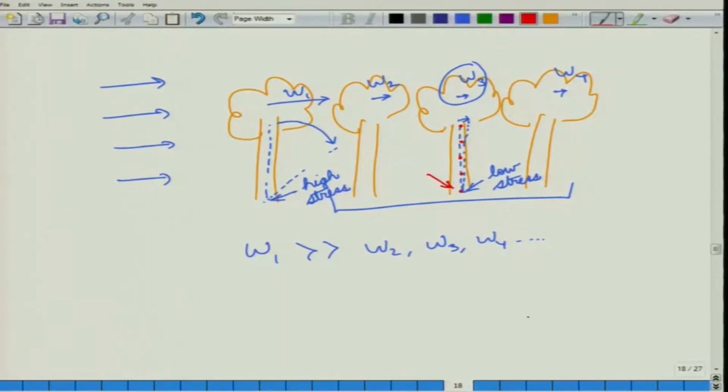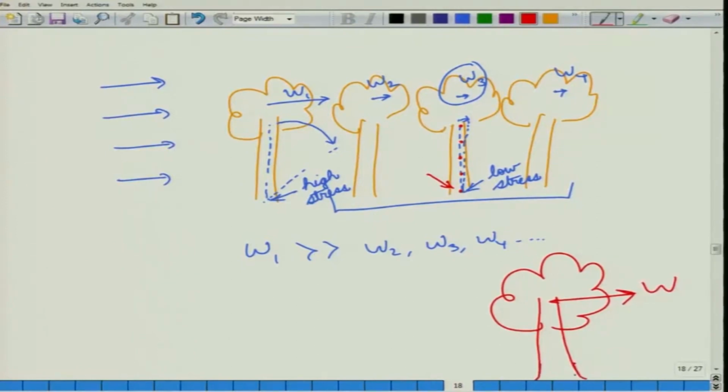whereas a tree that was growing in a solitary fashion was experiencing a very large wind force, and so it had to accumulate more material. And here you have a very small amount of accumulation. So, what would this accumulation do?